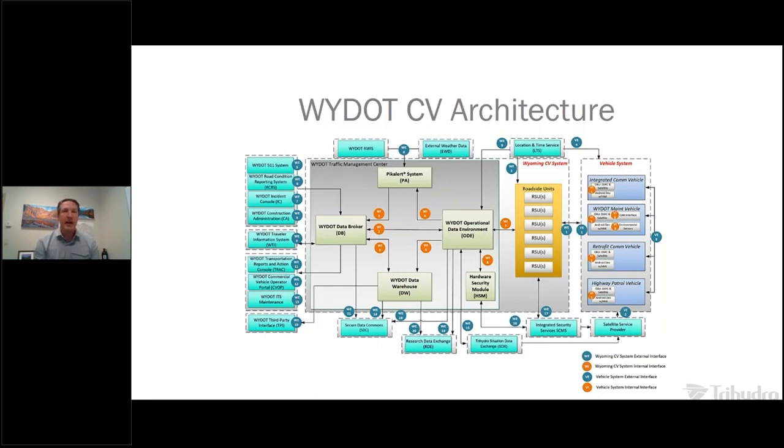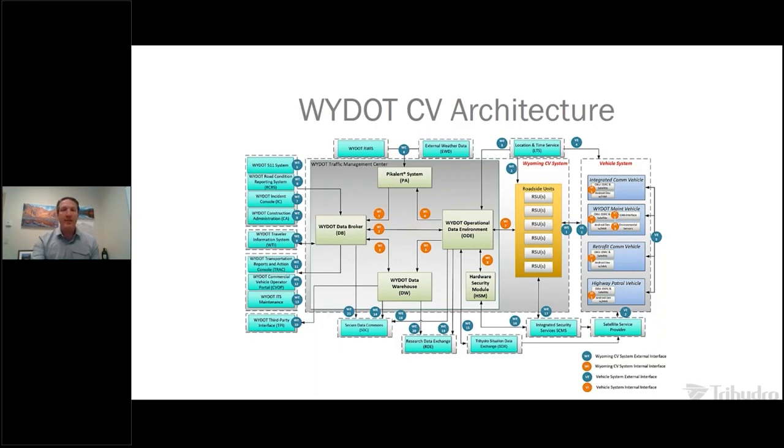On the left-hand side, you're going to see all the WYDOT applications that are feeding in to the 511 system, where we're able to communicate information out to drivers out on the roadway. And in the middle, we've got essentially the traffic management center system itself. On the right-hand side, we've got all of our connected vehicles. And just to the left of that, we've got all of the roadside units that are in this yellow box.